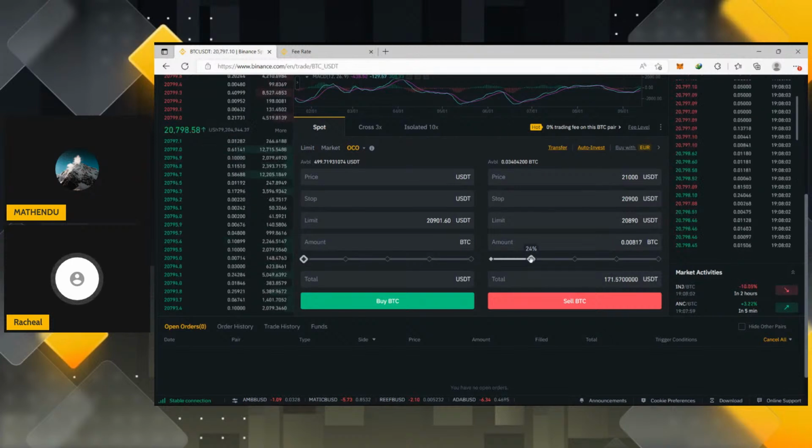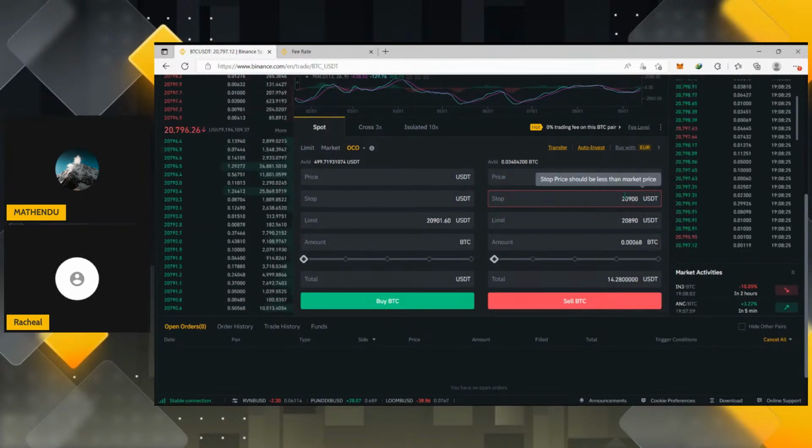I'll put something small, probably what I bought before. Since the minimum is $10, I cannot do anything lower than $10. So let me put $14. And then I click sell.